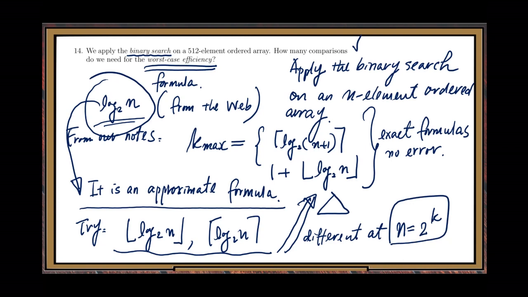If n is not a power of 2, then most of the time they could be correct, but not 100%. So here you can see the power of 2 usually causes the problem, and here I give you the power of 2 number: 512, it's a power of 2.